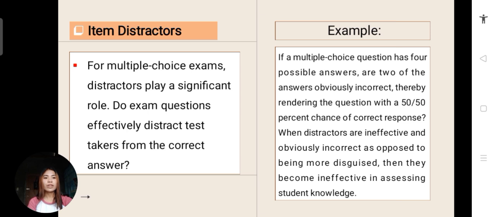When distractors are ineffective and obviously incorrect, as opposed to being more disguised, they become ineffective in assessing student knowledge. The distractors are important components of an item, as they show a relationship between the total test score and the distractor chosen by the student. Distractor efficiency is one such tool that tells whether the item was well constructed or failed to perform its purpose.